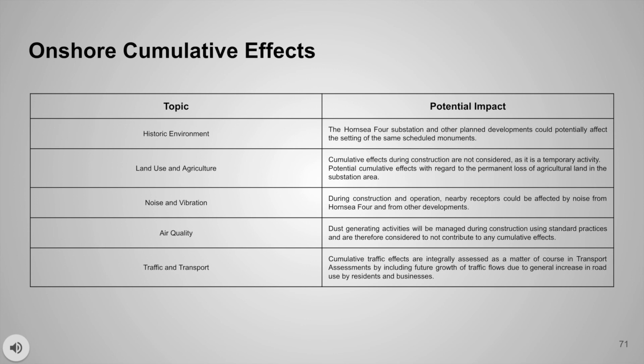On impacts on air quality, dust generating activities will be managed during construction using standard practices and are therefore considered not to contribute to any cumulative effects. And impacts on traffic and transport would be integrally assessed as a matter of course in the transport assessment by including future growth of traffic flows due to general increase in road use by residents and businesses.